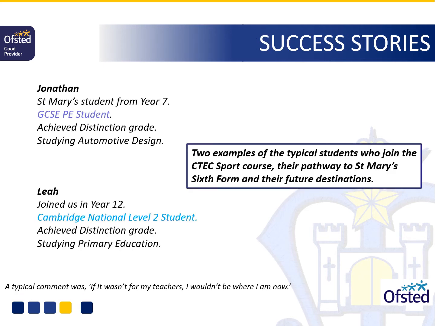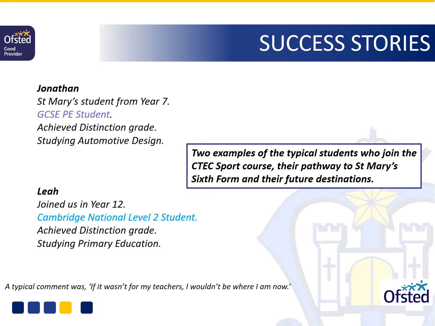Of all the students who've covered Cambridge Technical Sport at St Mary's over the last 5 years, I thought these two students embody the differences that we can have when it comes to a student's pathway, how they got to St Mary's, how they passed through year 12 and year 13, and were then successful in the future. So Jonathan first. I taught Jonathan for a number of years, all the way from year 7 to year 13.